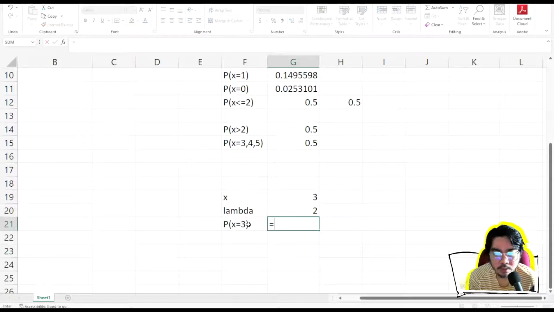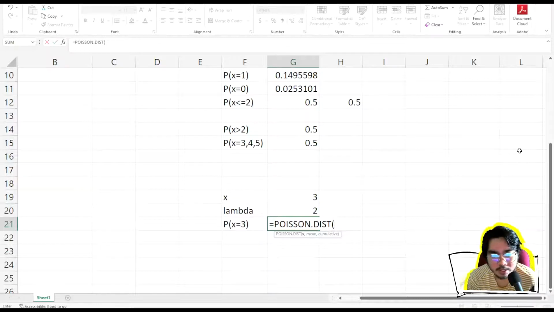So we do equals, if you type Poisson, it has a legacy function as well, no? Again, pag nakita niyo yung itong triangle with an arrow, that means that it's a legacy function. So let's just use the current na function na ginagamit natin, which is Poisson.dist. So we use tab para ma-autofill niya.